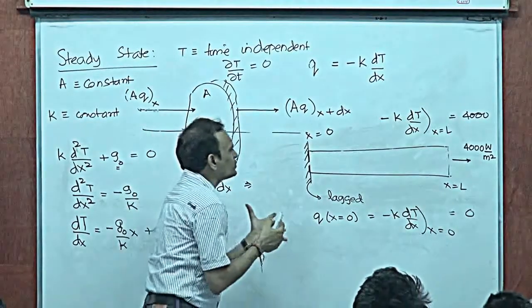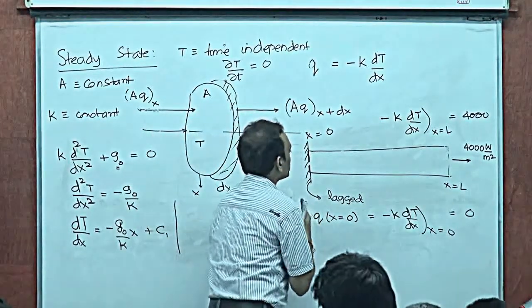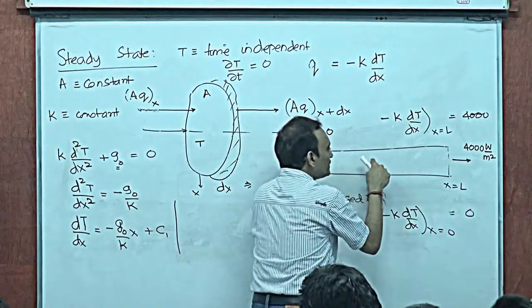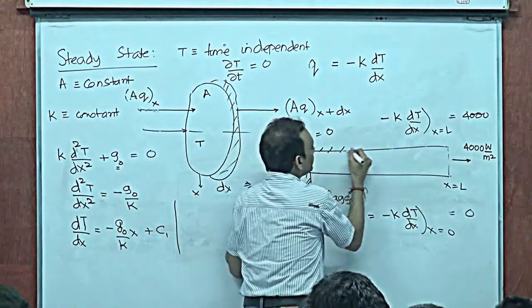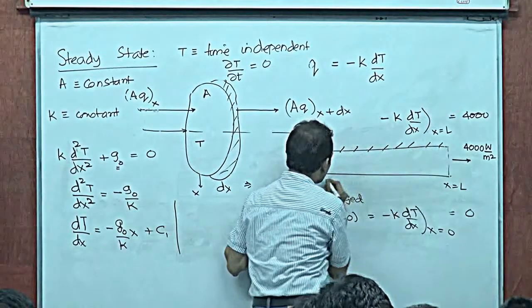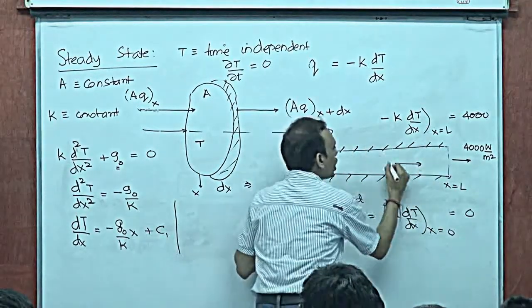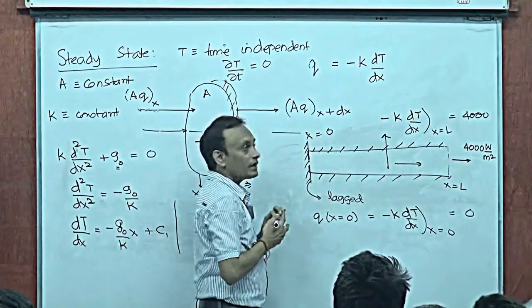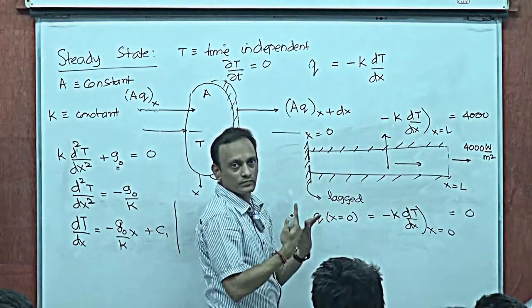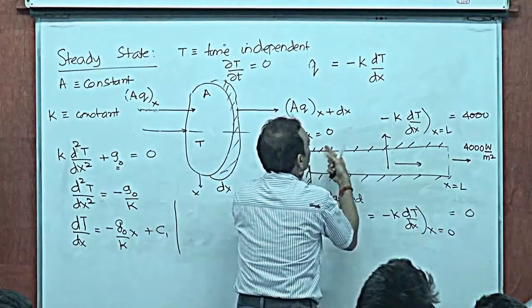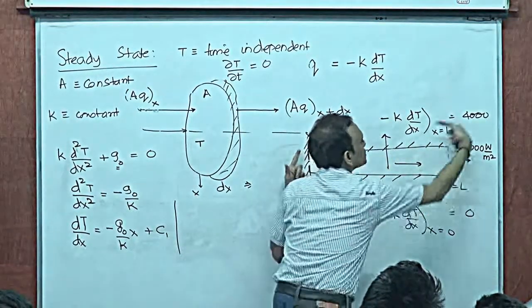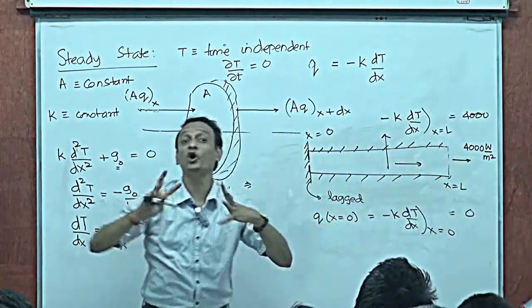In almost all of these cases, we will assume that heat is flowing only in this direction, because this is like a lateral surface. If I say heat is flowing in this direction and not flowing like this, it really means, or it's equivalent to saying, that the lateral surface is lagged or insulated.